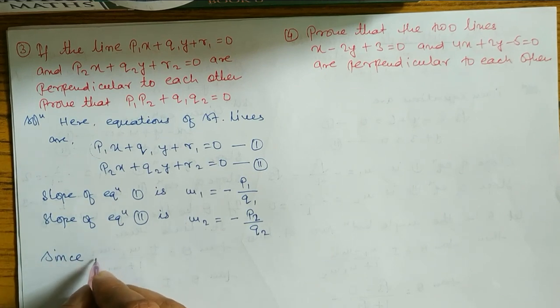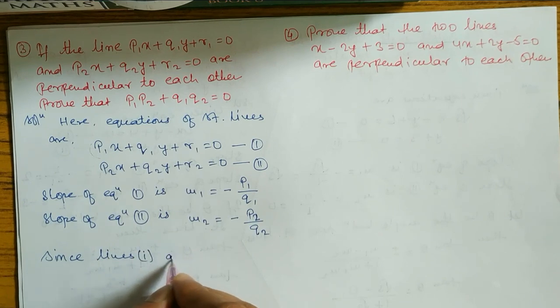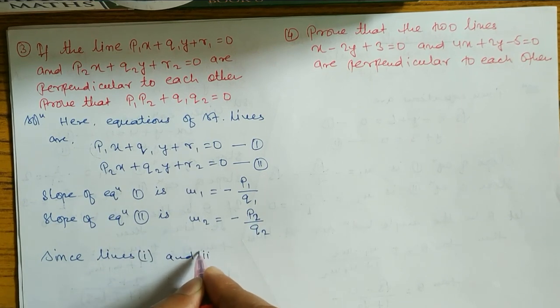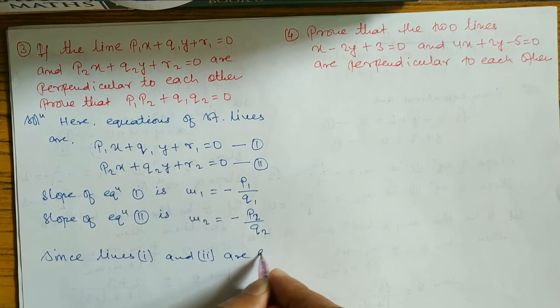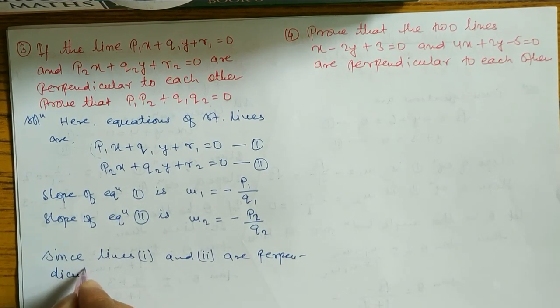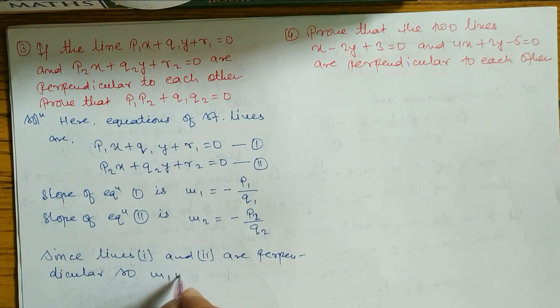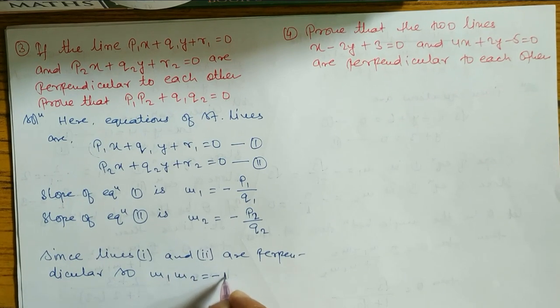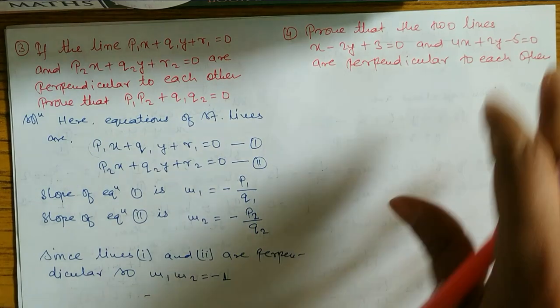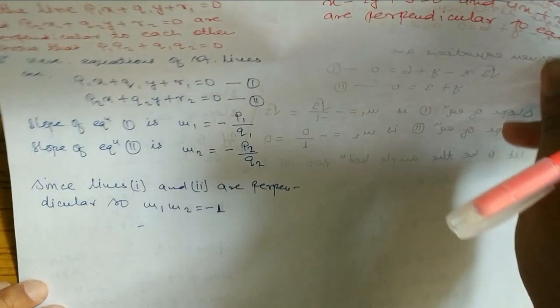Since lines 1 and 2 are perpendicular, so m1 m2 is equal to minus 1. m1 is equal to minus P1 by Q1, and m2 is equal to minus P2 by Q2.